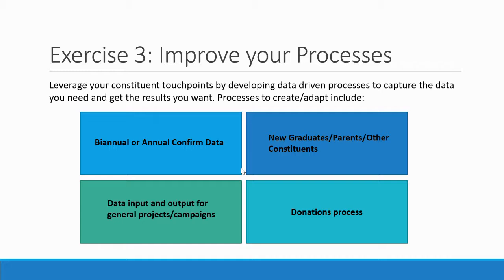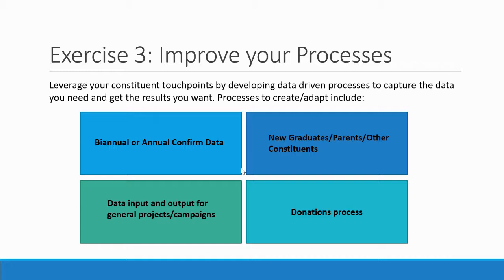In this exercise and the approach around improving your processes, what you really want to focus on is your current constituent touchpoints. How are you engaging with them year round? You want to be sure that you are developing data-driven processes that capture the data you need to get the results you want. I have listed out a few different processes that you should consider.